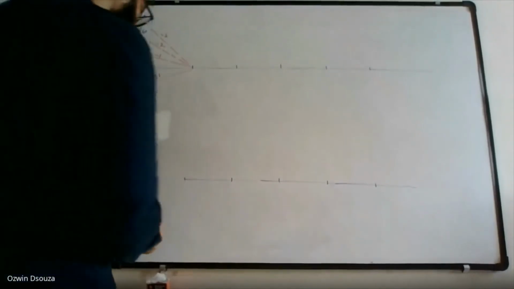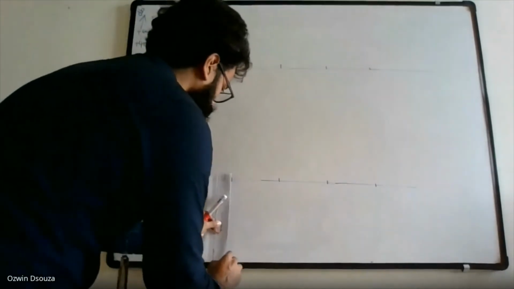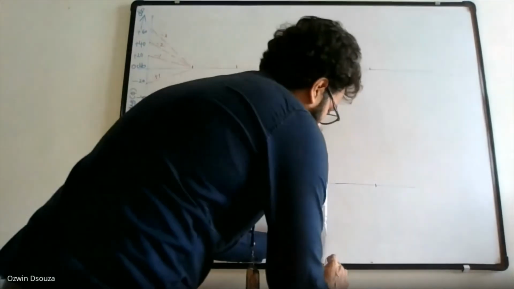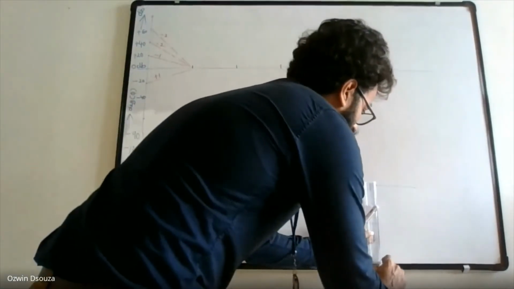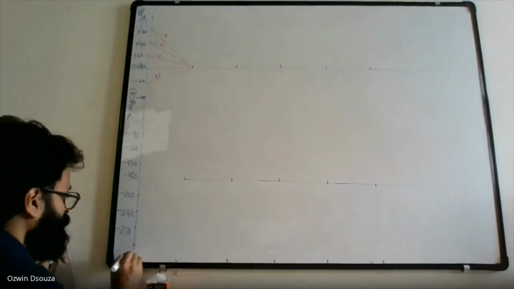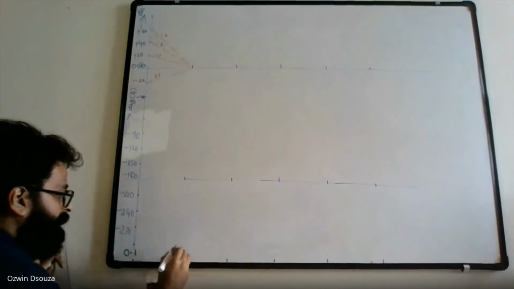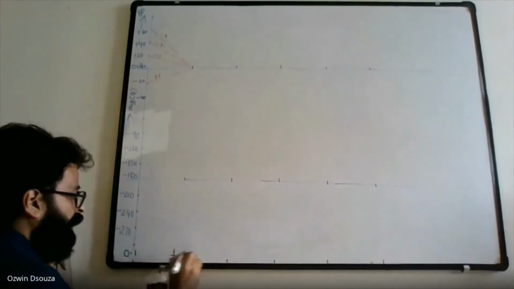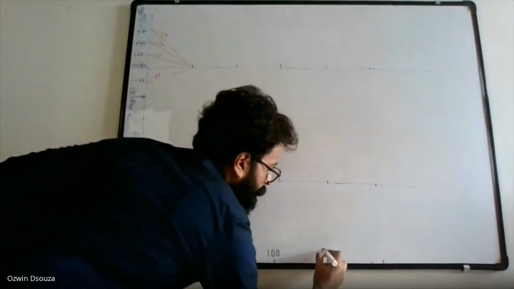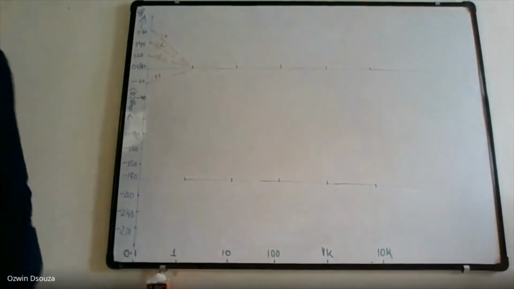We have to even mark the frequency, right? So this is your starting frequency, 0.1. Then the decade of it will become 1, then 10, 100, 1K, 10K, so on and so forth.